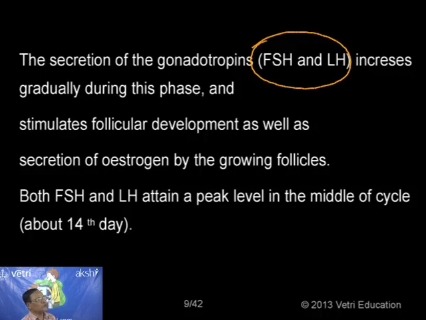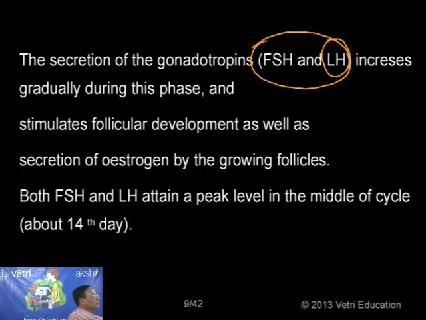Then on day 14 normally the egg is released, and that is because of the effect of the LH hormone. That is why it is called an ovulatory hormone. The process of release of the egg from the ovary is called ovulation. That is brought about by this luteinizing hormone. LH is called luteinizing hormone in females, and that is why it is also called the ovulatory hormone, as it brings about ovulation, the release of the egg from the ovary.